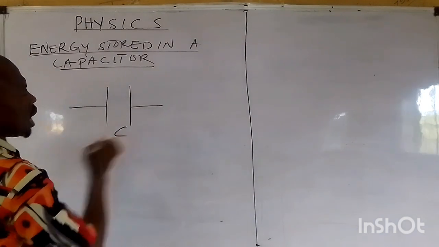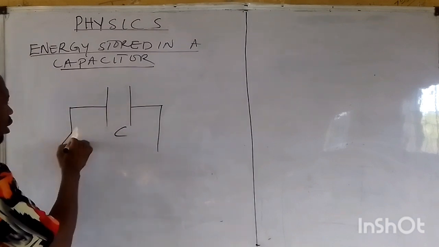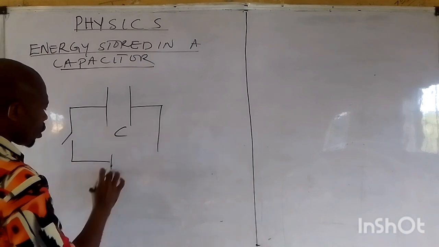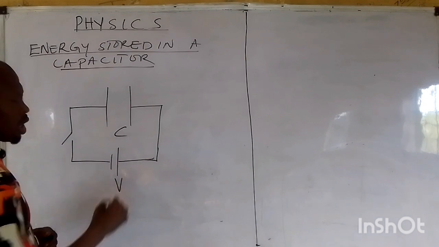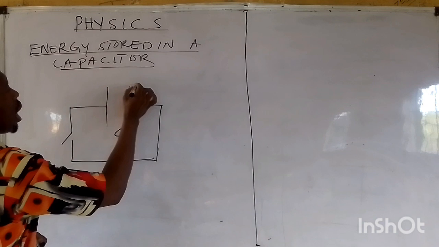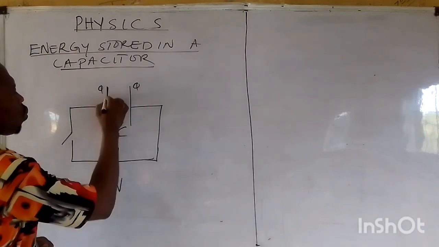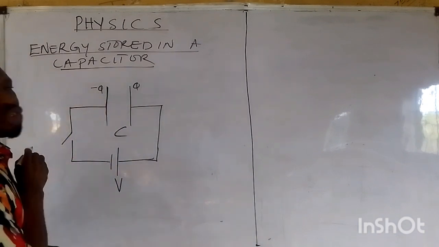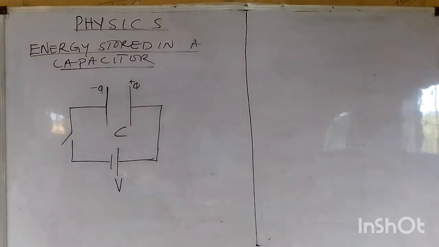Assuming we have this as a capacitor, now it is connected, assuming this is a key, to, let's say, a potential difference V. Remember here, this one possesses charge. These are two equal but opposite charges. Let's say this one possesses negative charge and this one possesses positive charge.